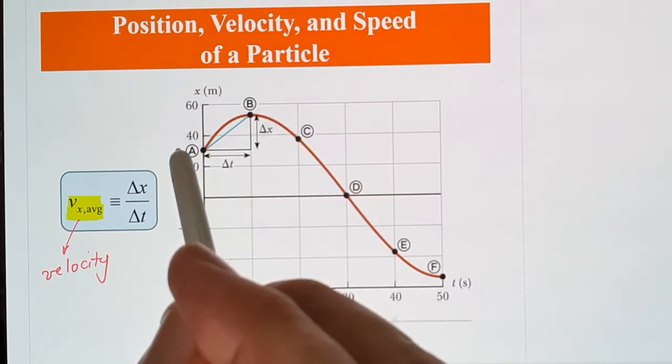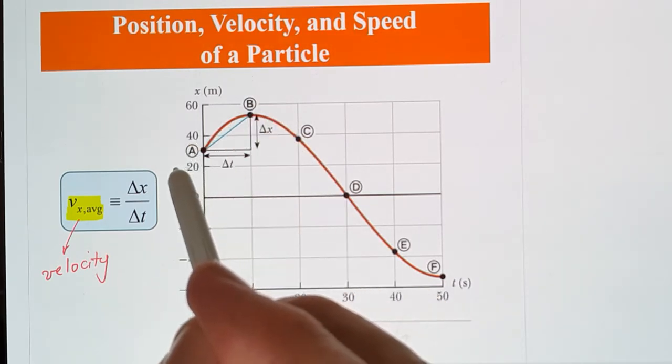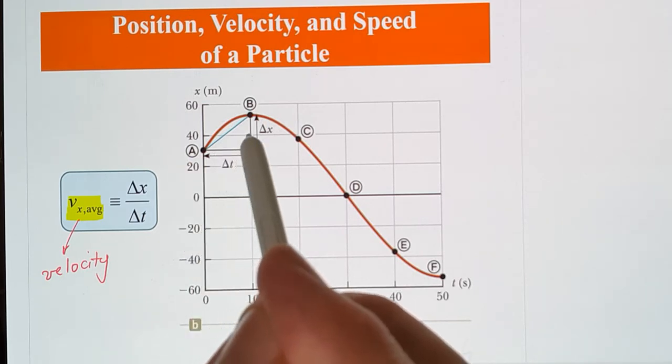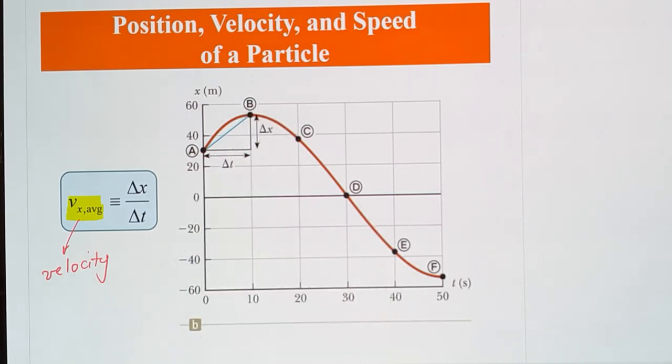It's not exact. We know the value of A and the value of B, but in between we don't know. So we can find the average, but we can't find the instantaneous. Clear? Any question? Move on.